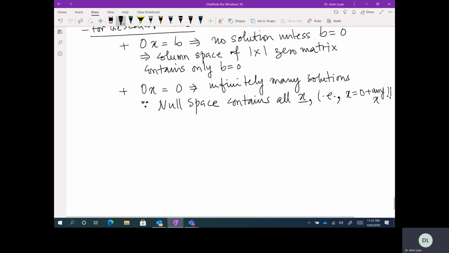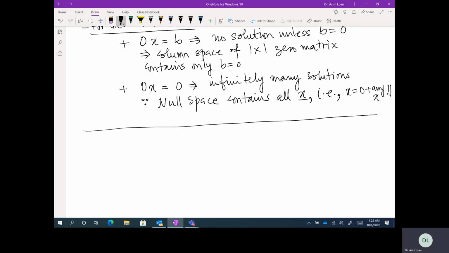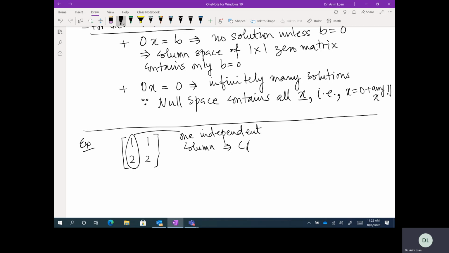Okay. So let's look at an example before we end this lecture today. So this is 1, 2, 1, 2. So there is only one independent column, and this implies the column space of A is a multiple of this vector 1, 2.